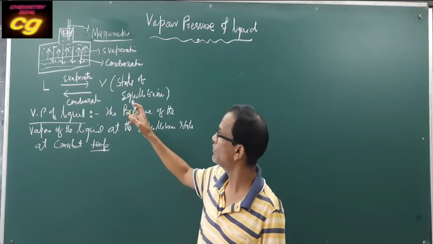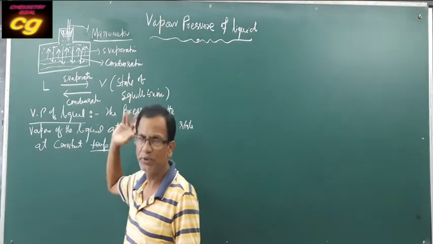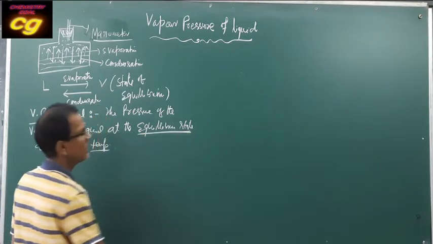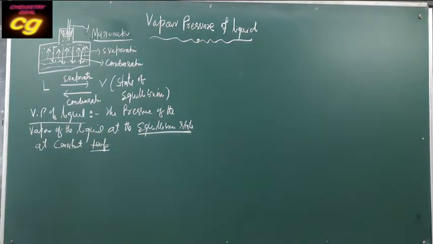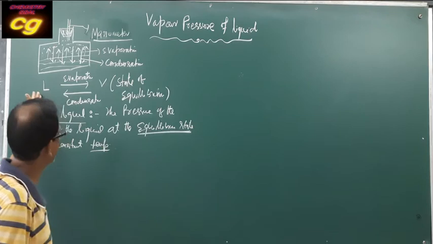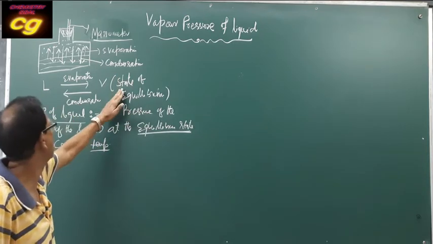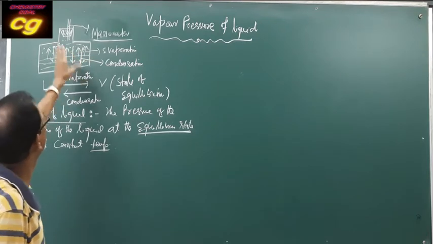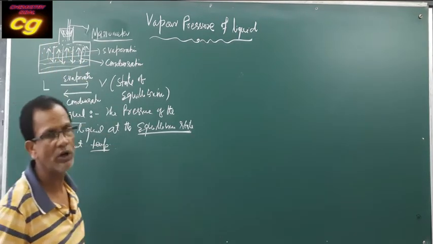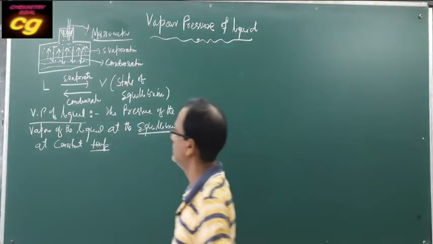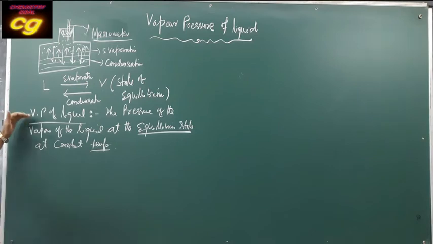So vapor pressure of liquid is the pressure of the vapor of liquid at the equilibrium state. This is very important. What do we mean by equilibrium state? The state in which liquid and vapors are in equilibrium, that means the rate of evaporation is equal to the rate of condensation. At this stage, the pressure of the vapor of liquid is called vapor pressure.